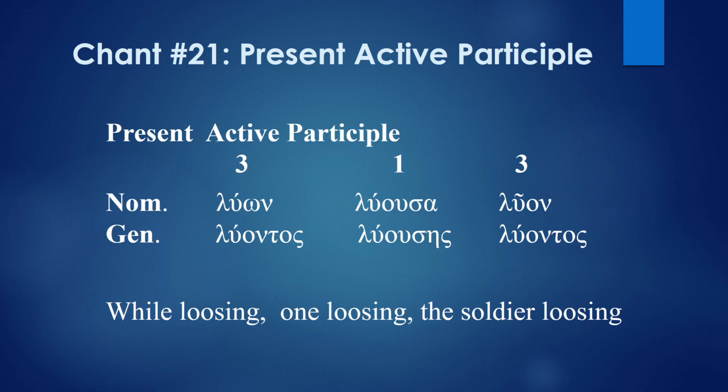The feminine, using the first declension endings, is luousa. And then the genitive form is luouses. The neuter uses the third declension endings, and so it is luon. And then the genitive form is luontos.